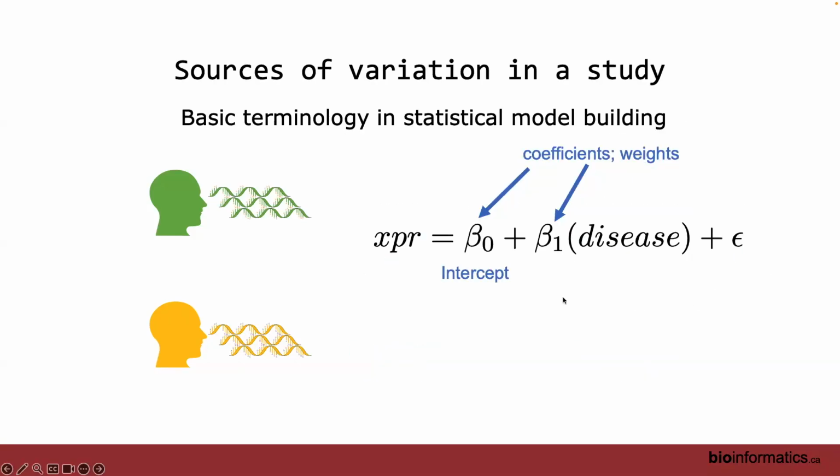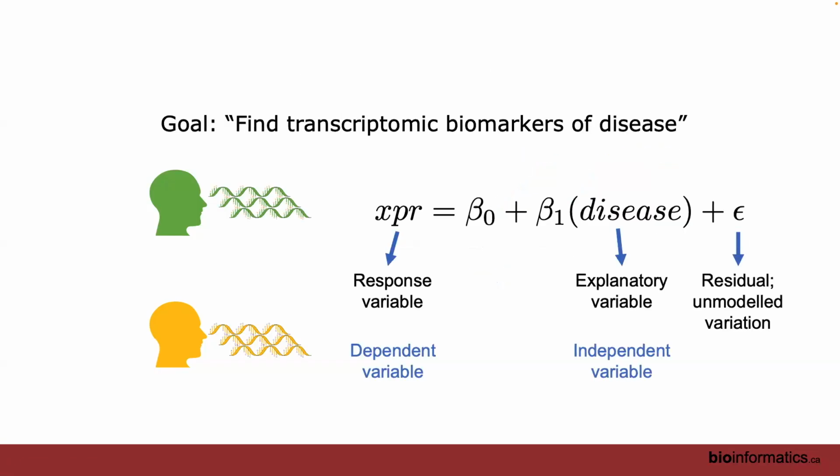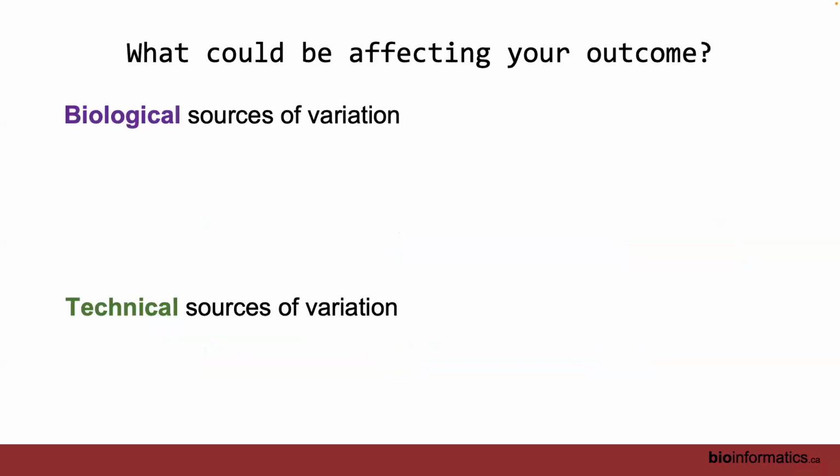And this is called the intercept. You always need some kind of offset value to account for, maybe everything starts at 5 and it's 5 plus or minus something. So you need a term to put that into. Okay, so this is what we've got here if we want to find the transcriptomic biomarkers of disease, right? This is going to be true whatever your response variable is, proteomics or whatever, right?